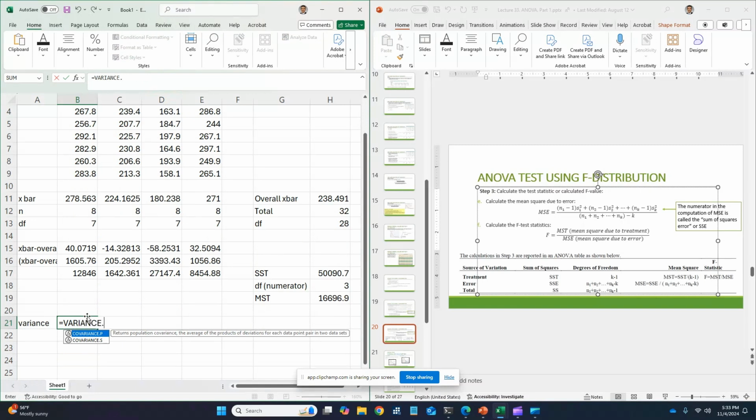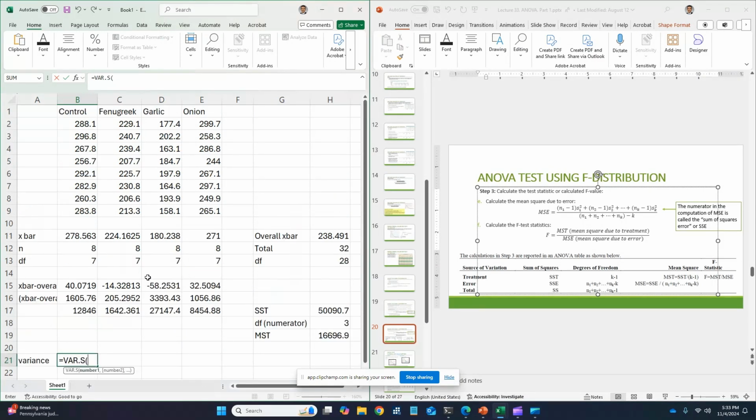Sorry, it's not variance, it's just VAR.S. VAR.S gives you the variance of the sample. So you have to close the parenthesis, so we get the sample variance right here. Drag it to the end, you get the sample variances for all these samples.